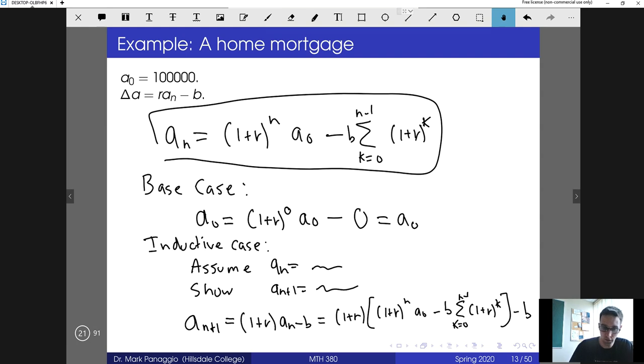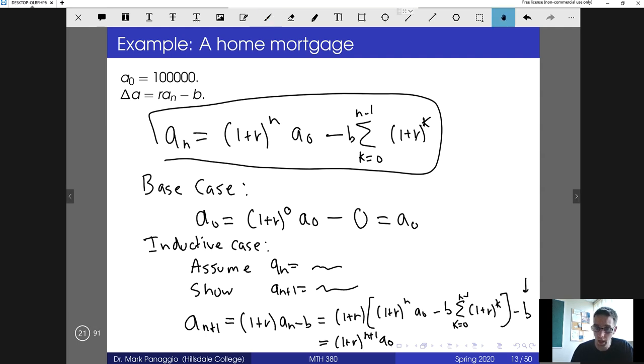And if we simplify that down, notice in the first term, we're going to have a 1 plus r, a total of n plus 1 times. So that checks out. And then if you look at the second term, notice we're going to have a b times 1 from over on the right.